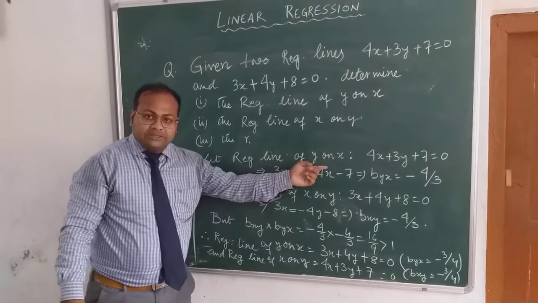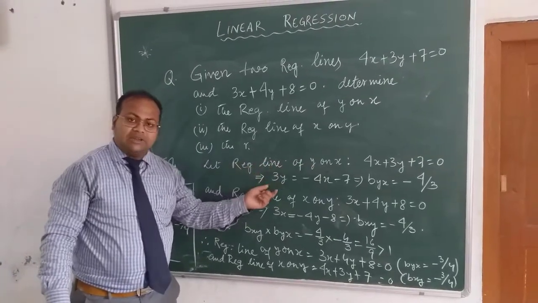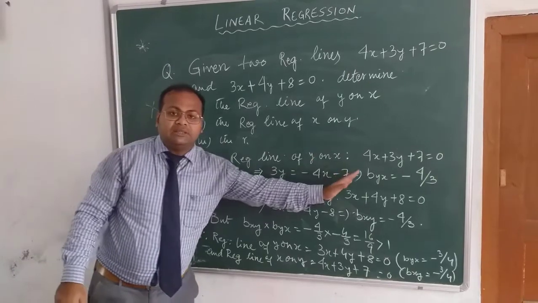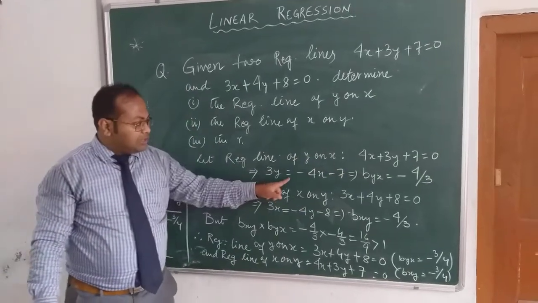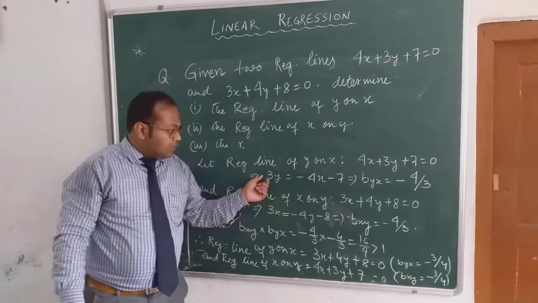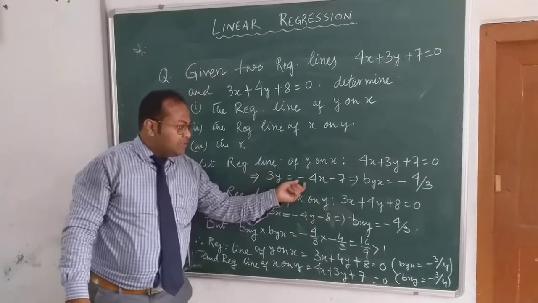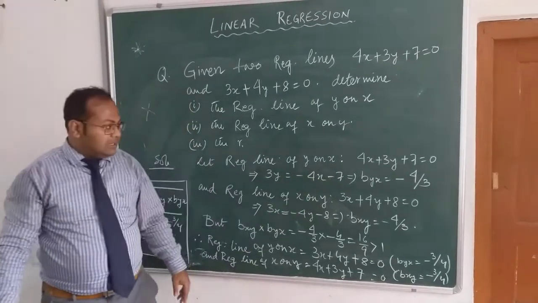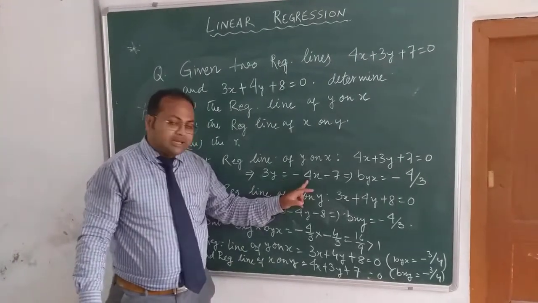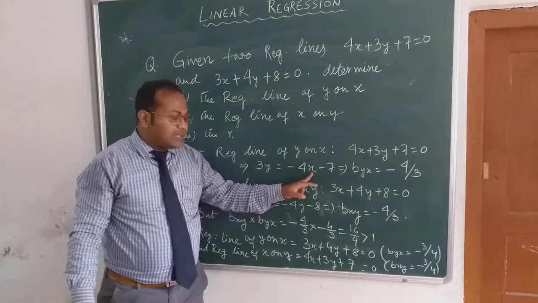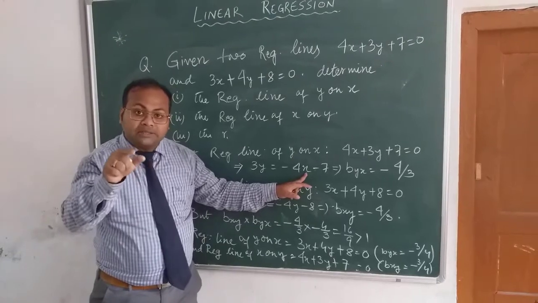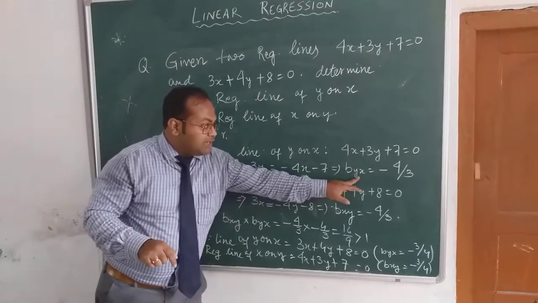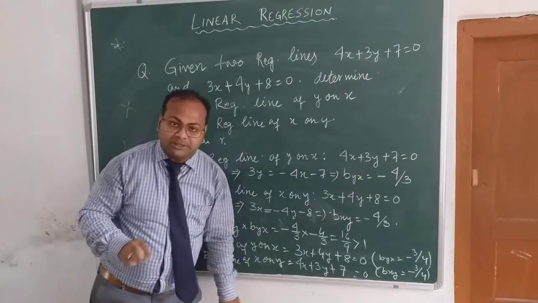So it is y on x, so we keep y on the left-hand side and everything else on the other side. So it will be 3y equals minus 4x minus 7. Now divide by 3, it will come minus 4 by 3 x minus 7 by 3. Clear? So in that case, what is the coefficient of x? The coefficient of x is coming minus 4 by 3. Clear? So byx is actually minus 4 by 3.